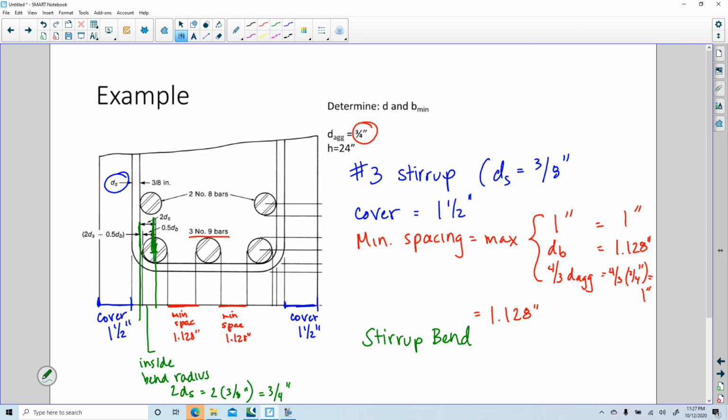Write this down. Stirrup bend, Table 25.3.2, which is on page 470.